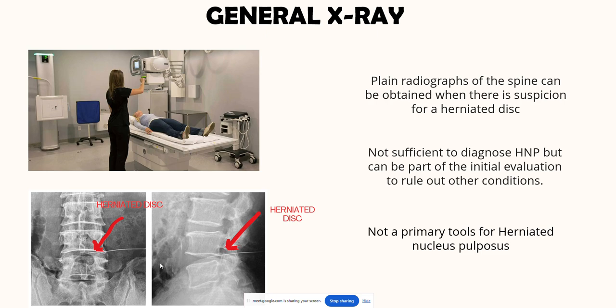In this image, we cannot clearly see if there is a problem with the disc, but we can sometimes see the level of the vertebral disc, whether it is thinning or not the same size as other discs.